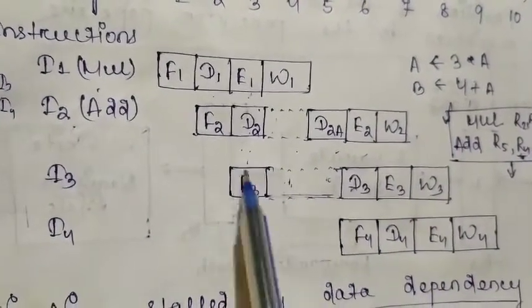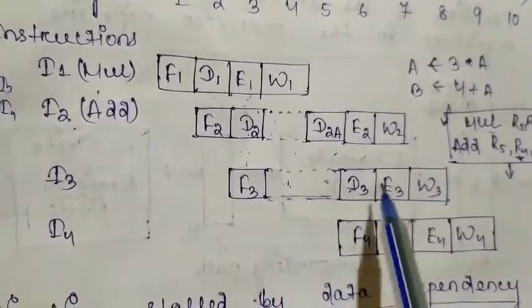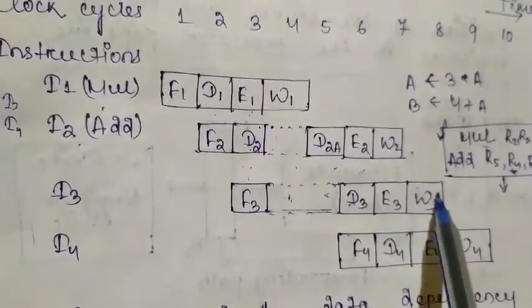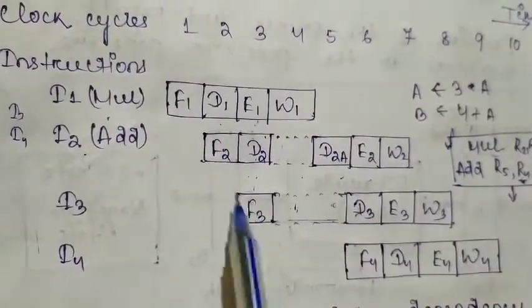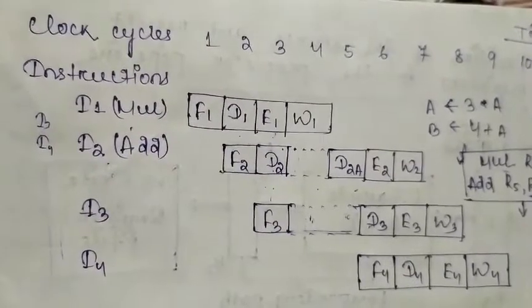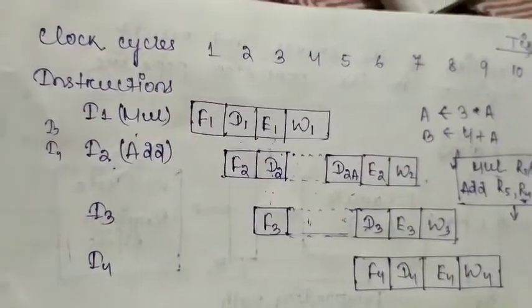We don't need to wait for these 2 clock cycles, and within 7 clock cycles we can complete these 4 instructions by using the software or compiler concept.